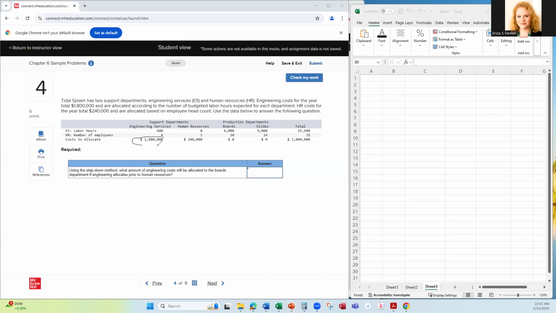So we're going to be allocating this 1.8 million here, and we want to look at the budgeted labor hours expected. We're going to be looking at these numbers right up here. So a total of 15,000 hours there. So 6,000 plus 9,000.